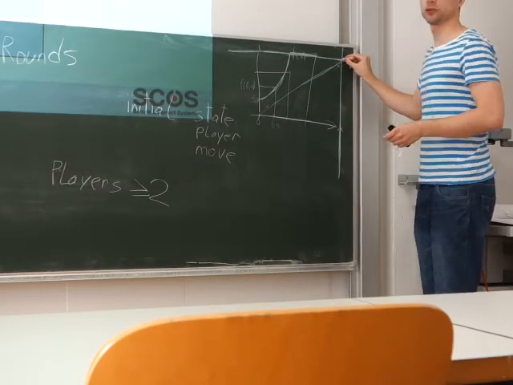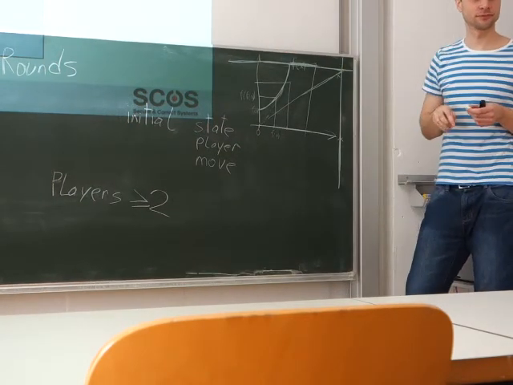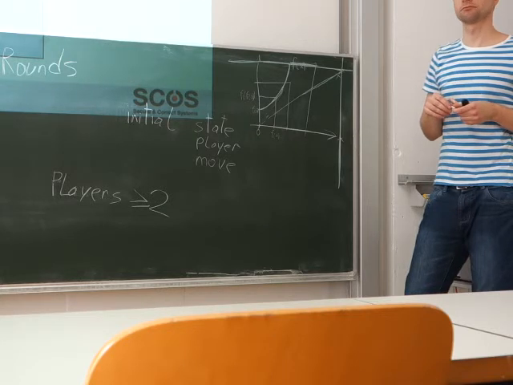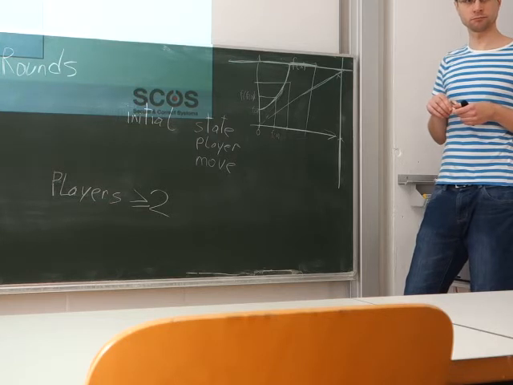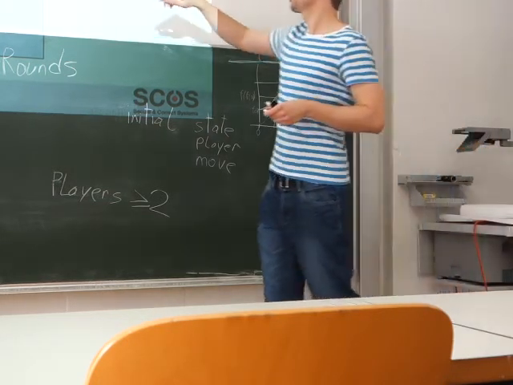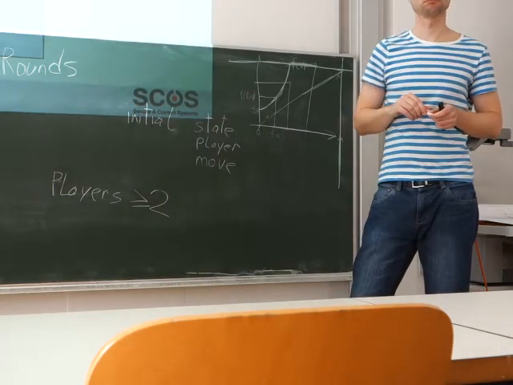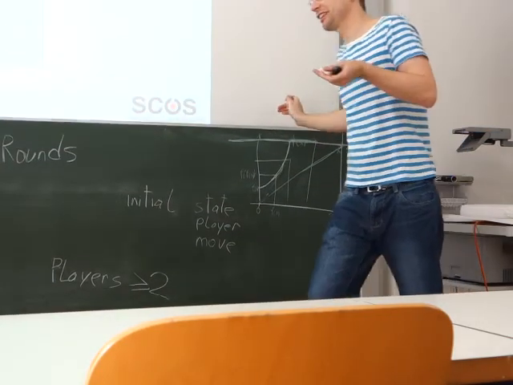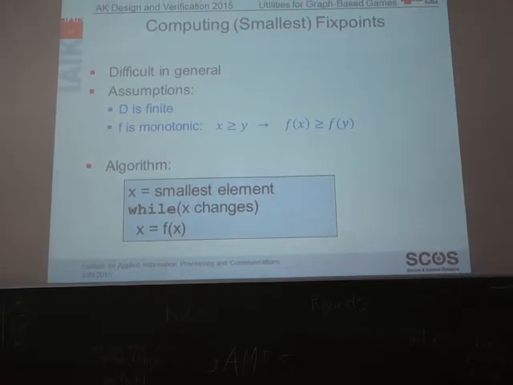In the worst case, we would cross it here, but if f of x is not getting bigger, but it's getting smaller, so if x is getting bigger, but f of x is getting smaller, the two won't meet. Yes, but actually my assumption says that it will only get bigger. Okay, so you just gave the answer. Actually, in the worst case, it returns the last point as a fixed point.